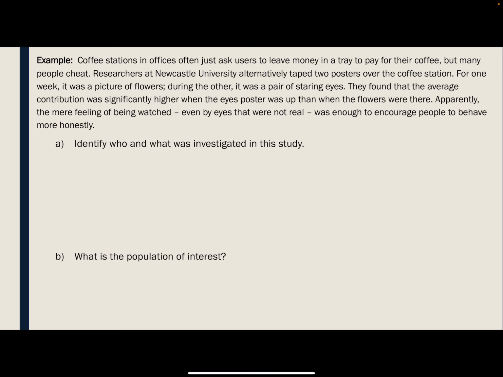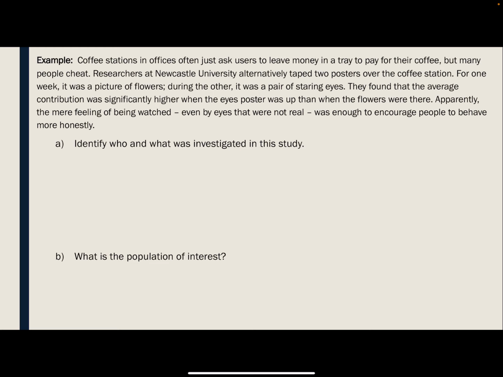All right, one last example here. So here it says we have coffee stations in offices often ask users to leave money in a tray to pay for their coffee, but many people cheat. Researchers at Newcastle University alternatively taped 2 posters over the coffee station. For 1 week, it was a picture of flowers. During the other, it was a pair of staring eyes.